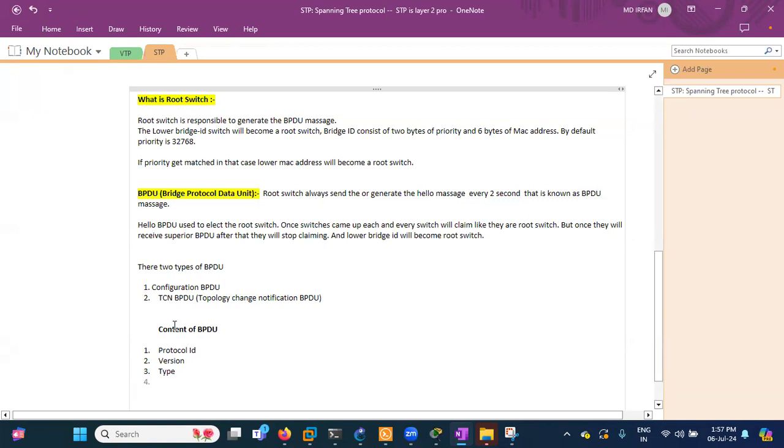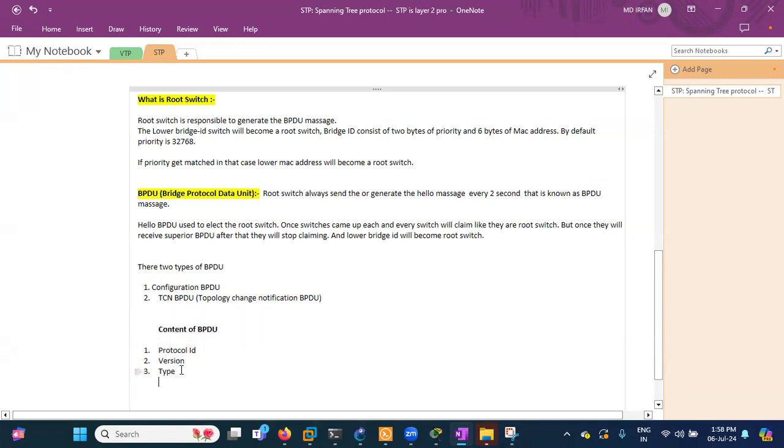These top three fields are part of the TCN. I'm giving the content of the BPDU, but only the top three fields are sent once the topology changes. When a switch sends a TCN BPDU, it carries only these three pieces of information.